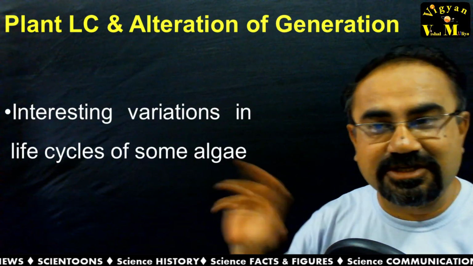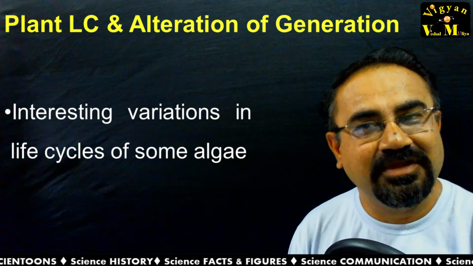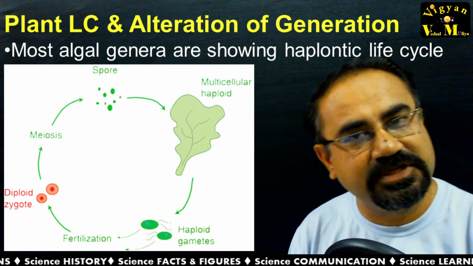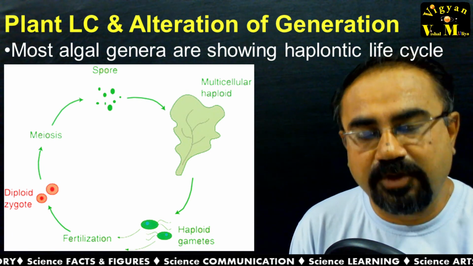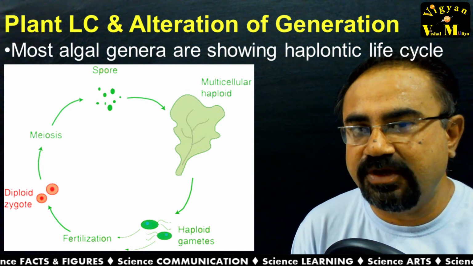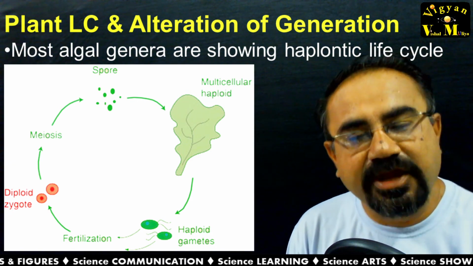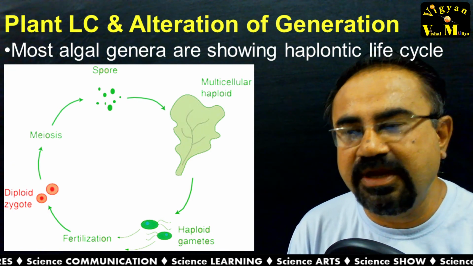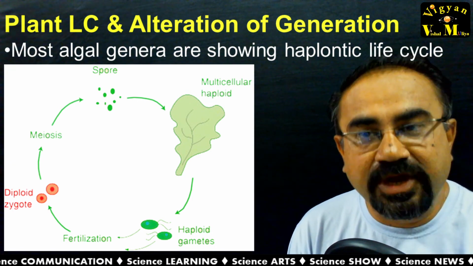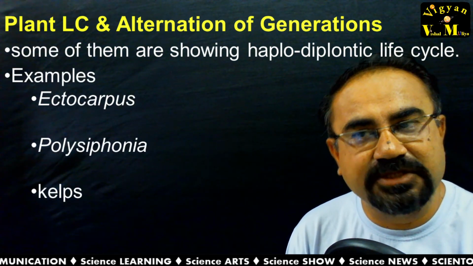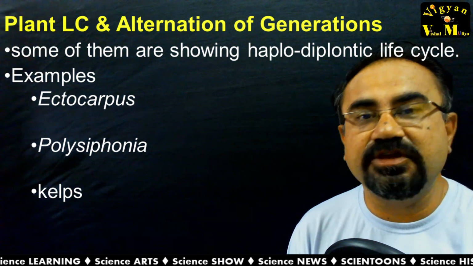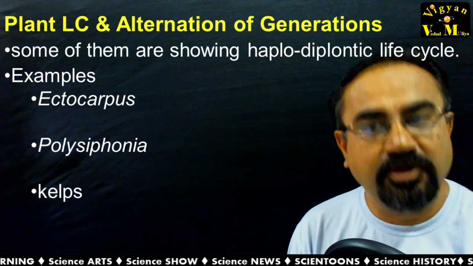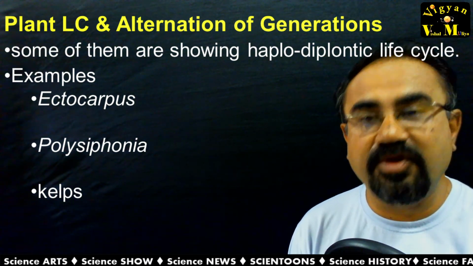Coming to the very interesting variation in algae, most algae of course show the haplontic life cycle, where the dominant one is the haploid phase and the diploid phase is represented by only the zygote. But there are certain examples where the haplo-diplontic life cycle exists, for example in Ectocarpus, Polysiphonia, and kelps, members of Phaeophyceae.